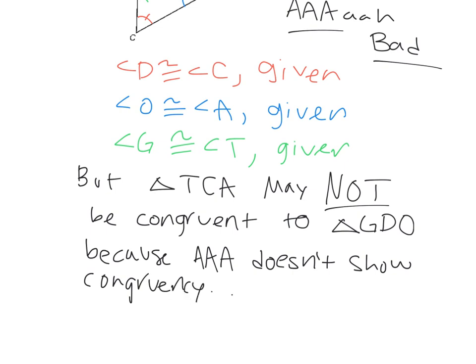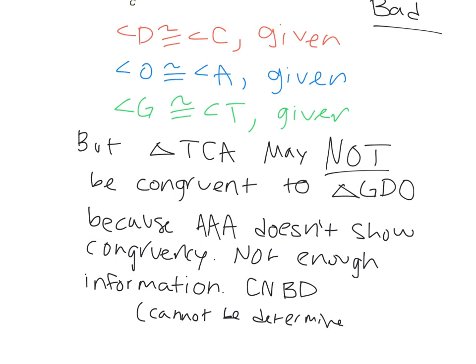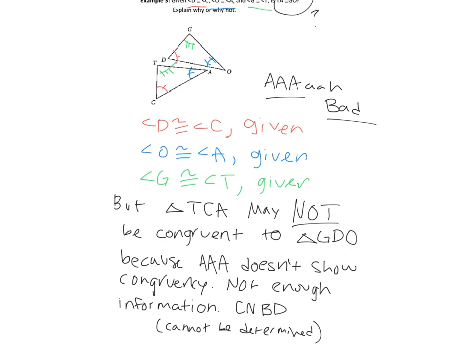So this is not enough information. So we say it cannot be determined. Cannot be determined. So that's what CNBD means. So there's a formal way to write that AAA is bad.